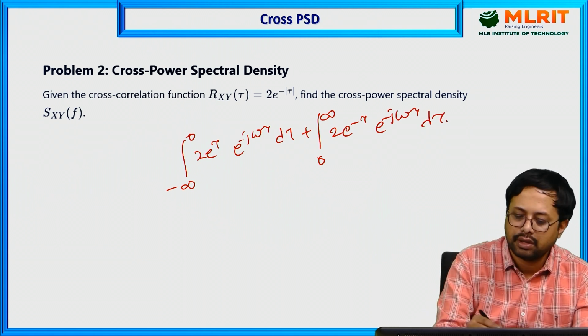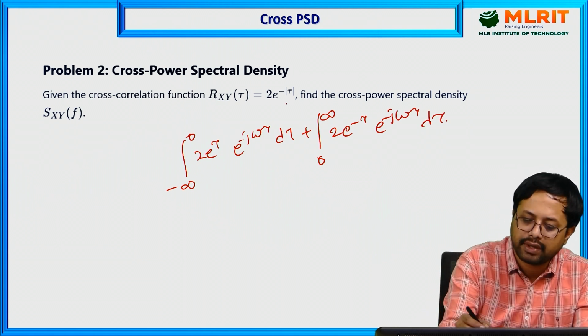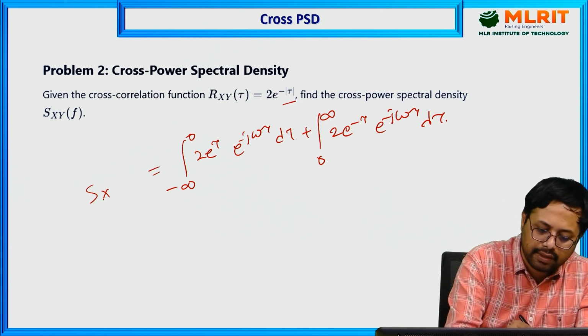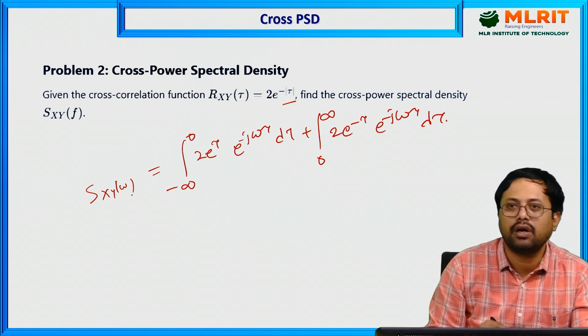You have to split this because you have the modulus value. Then you get the resultant of that.